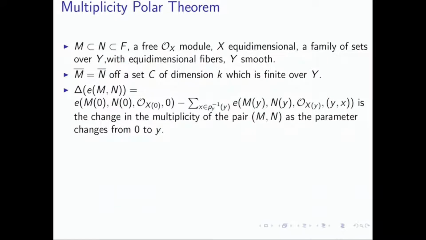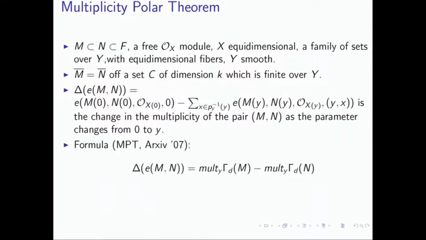We have to take neighborhoods small enough so that we aren't getting extraneous data floating through. Then the theorem is that you can write the change in the multiplicity as the change in the multiplicities over Y of these two polar curves.